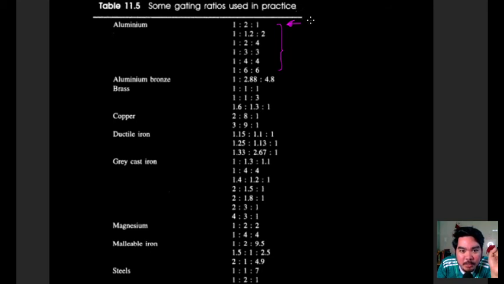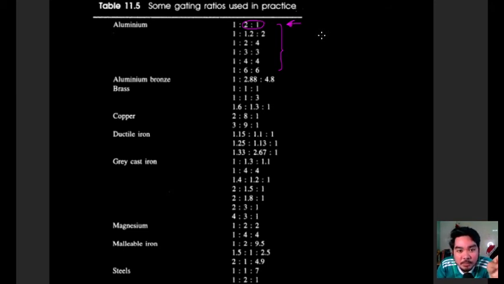Unpressurized. You might think na unpressurized siya, pero actually the most important thing when we talk about gating ratios is the end, no, this part here. Kasi if you look at this, lumiit yung area natin. So in that sense, this is actually a pressurized gating system.